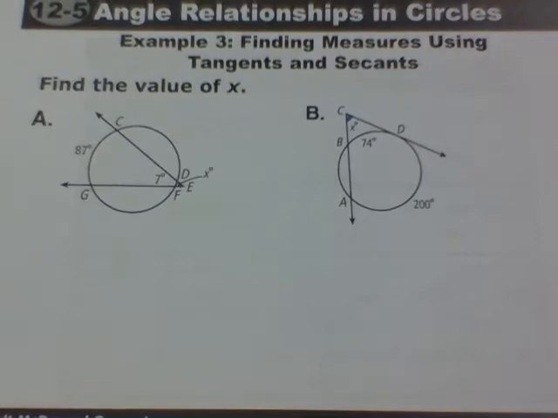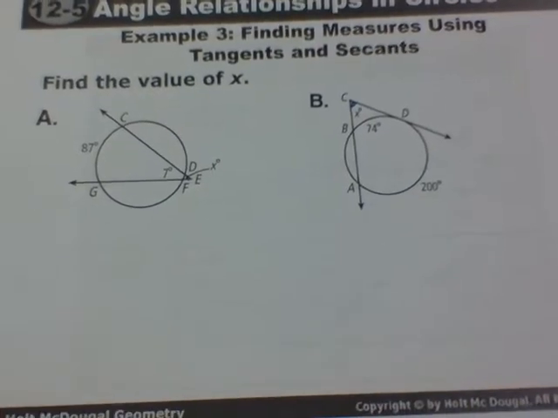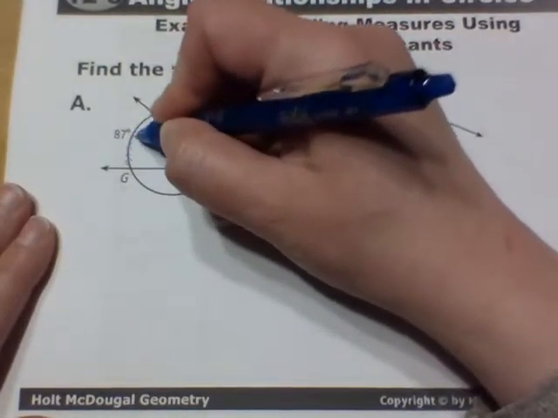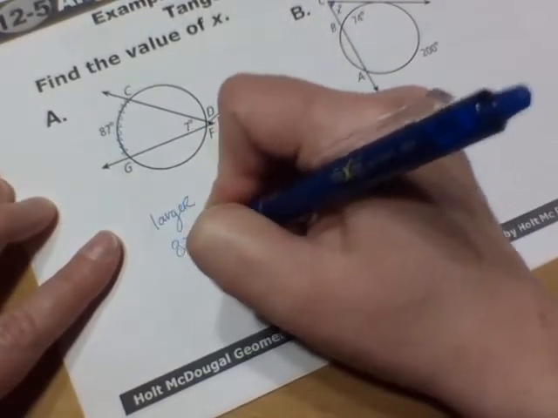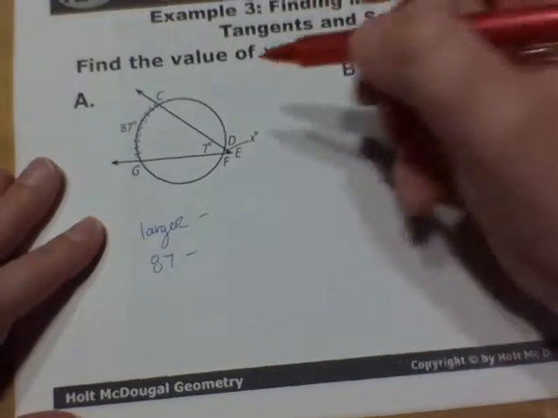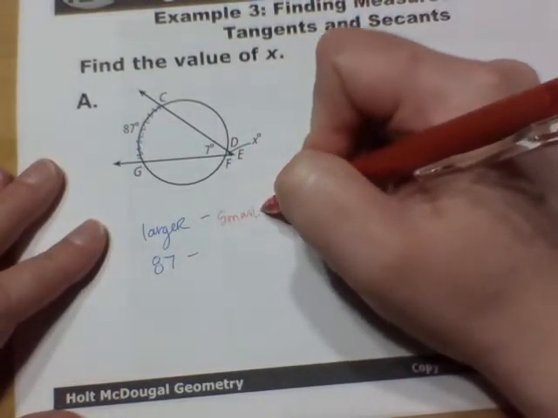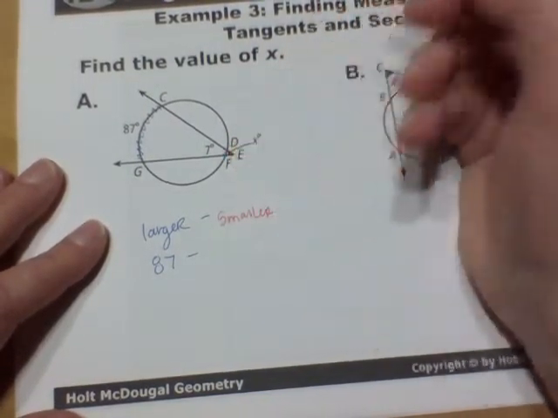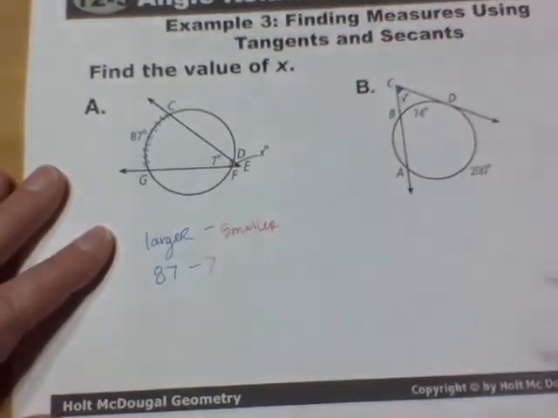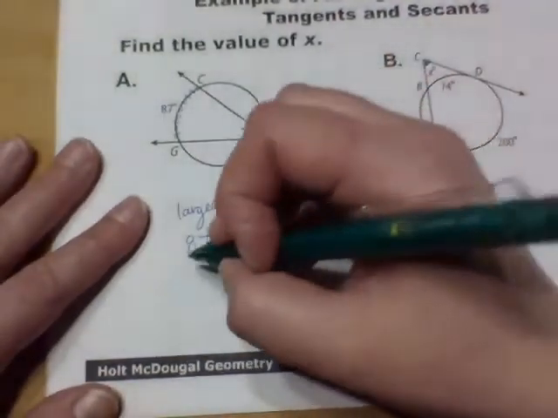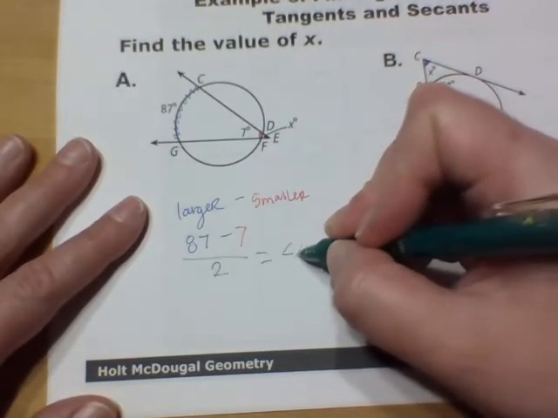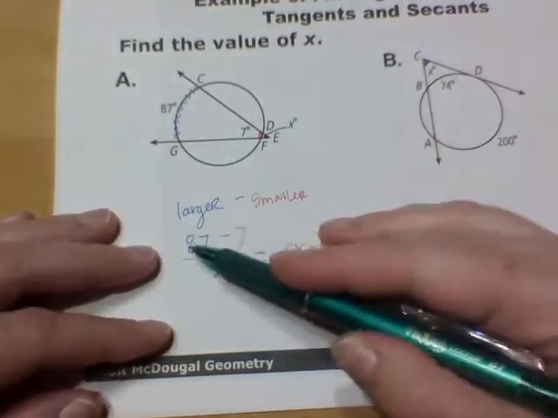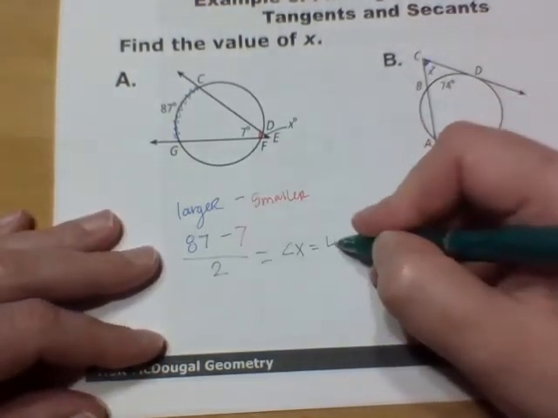So again, most of the time and always, it is the larger arc measure minus the smaller arc measure. So here we go with the larger one, and the larger is 87. And then from there, we're going to subtract the smaller arc measure, which is very small, in fact, kind of minuscule to see, and that's 7 degrees. And then once we find that number, we will divide by 2, and that gets us angle X in this case. So angle X is going to be 80 divided by 2, or 40 degrees.